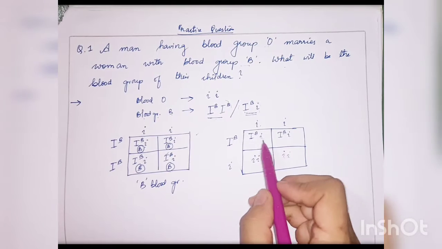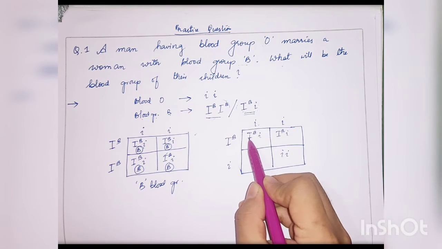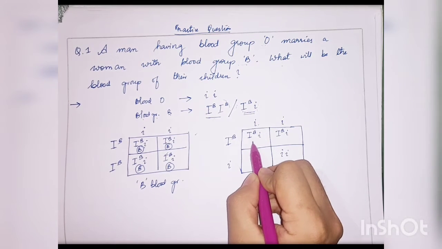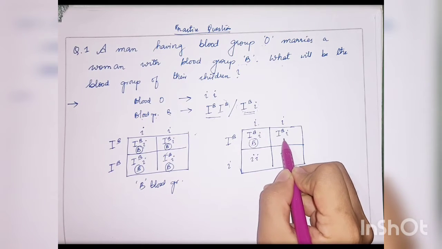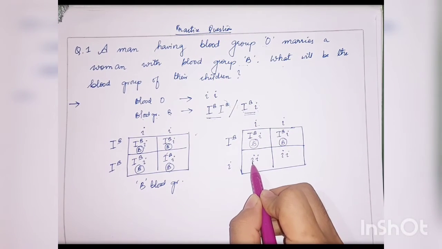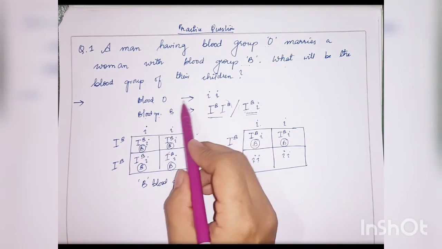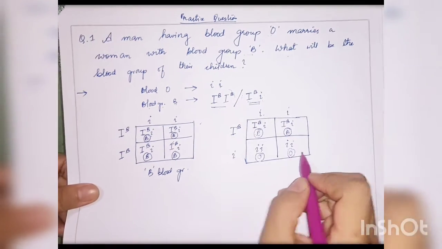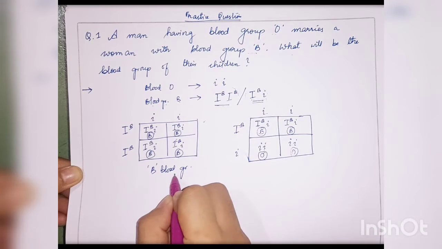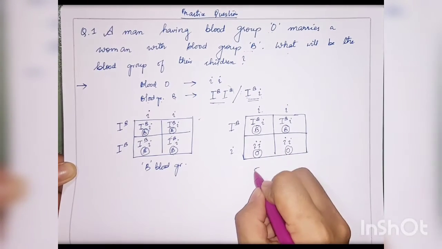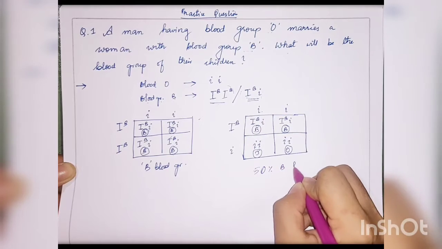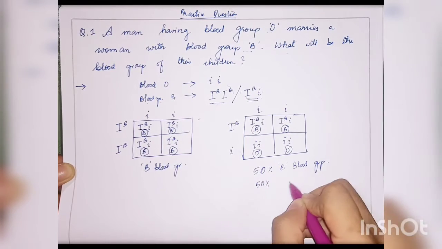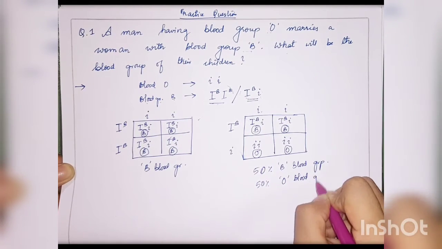Now IB i has blood group B, since B is dominant over the recessive O, and this one will also have B blood group. But this one, ii, has blood group O. So under the homozygous cross you have all B blood group, but here you will have 50% B blood group and 50% O blood group.